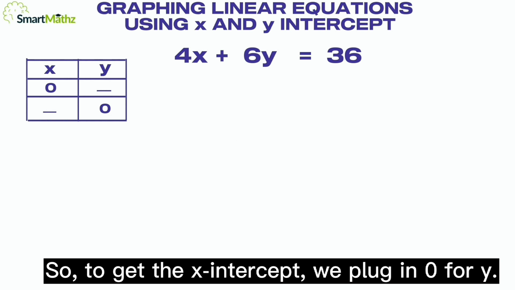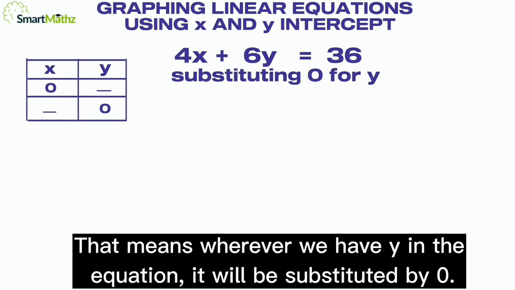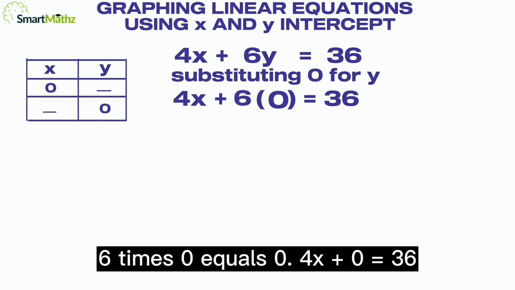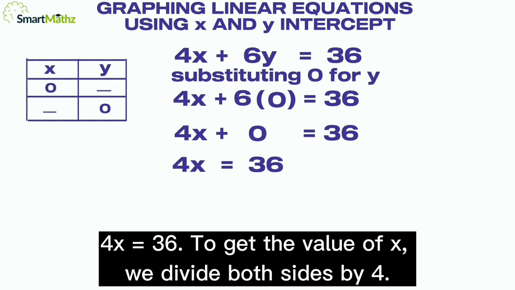So to get the x-intercept, we plug in 0 for y. That means wherever we have y in the equation, it will be substituted by 0. 4x plus 6y equals 36. By substitution, we have 4x plus 6 times 0 equals 36. 6 times 0 equals 0. 4x plus 0 equals 36. 4x equals 36.